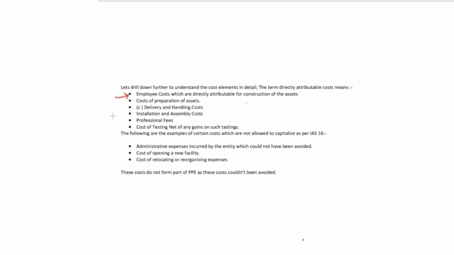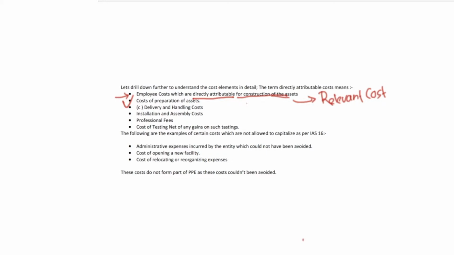You hired laborers who work specifically for the construction of a particular property, plant, and equipment. These are directly attributable, which means relevant costs, and these are capitalized.